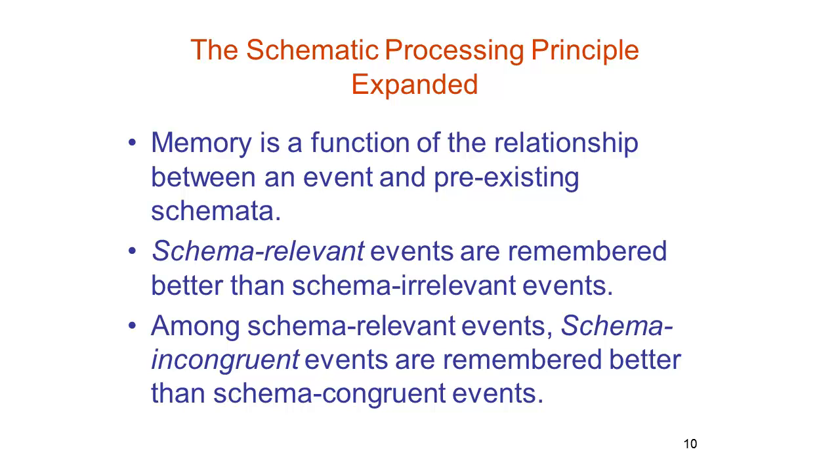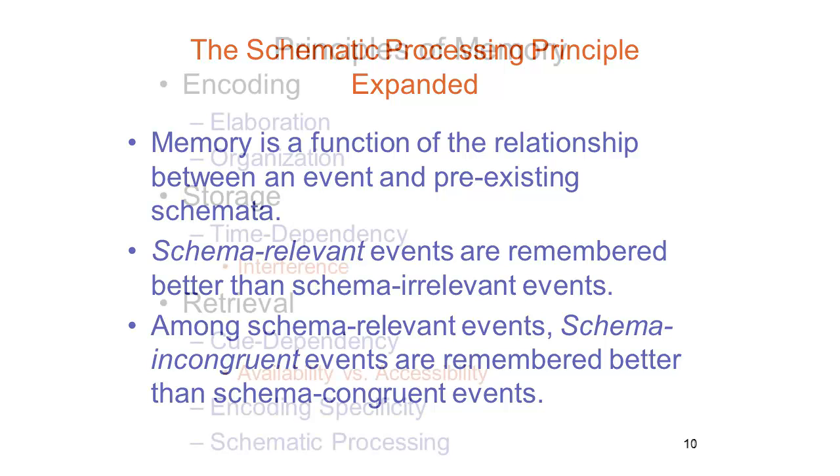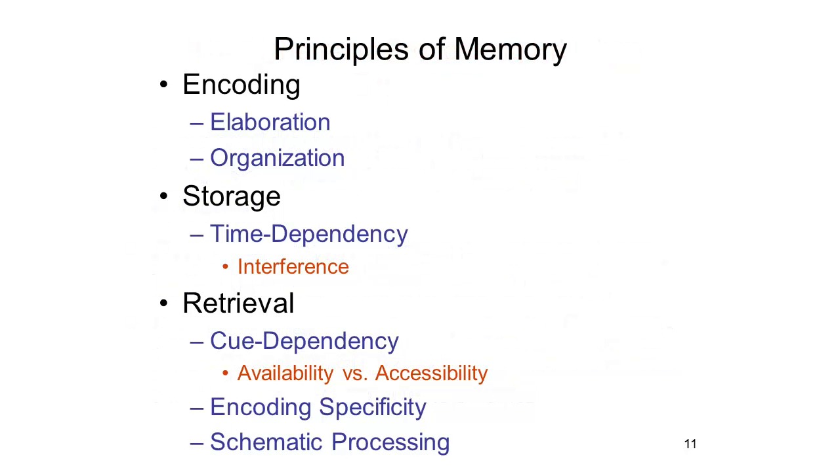But among schema-relevant events, schema-incongruent events are remembered better than schema-congruent events. And that's because schema-incongruent events get a lot more processing at the time of encoding because they're unexpected and they have to be explained. So now we have a set of basic operating principles for episodic memory, and it turns out, surprisingly, it's a pretty short list of principles.